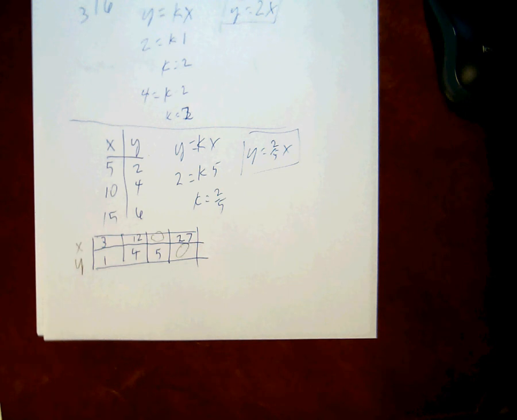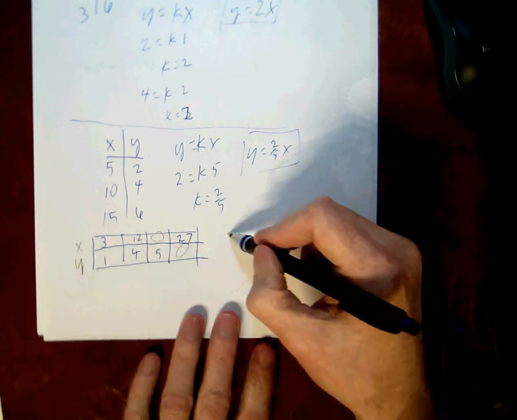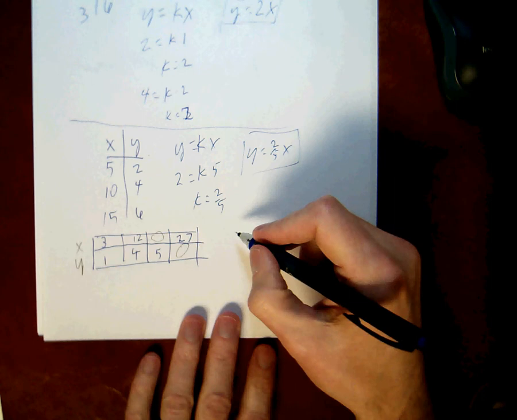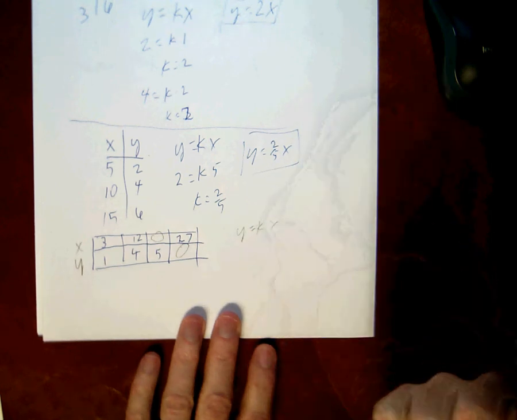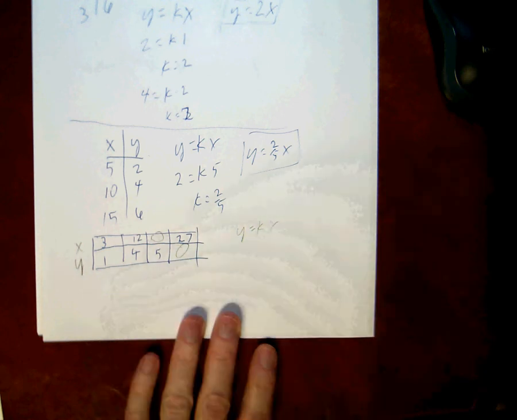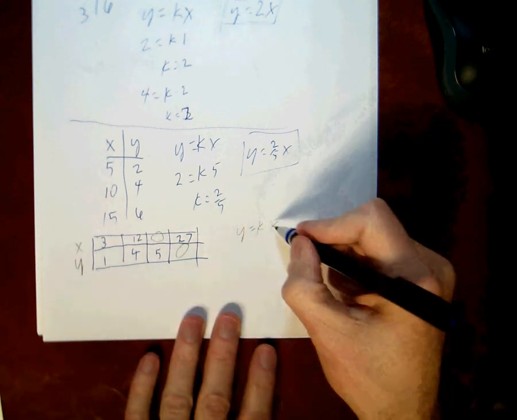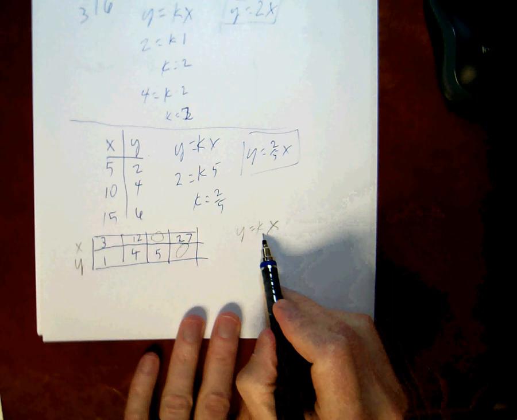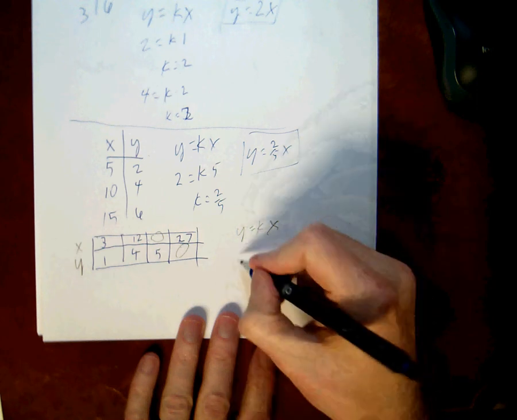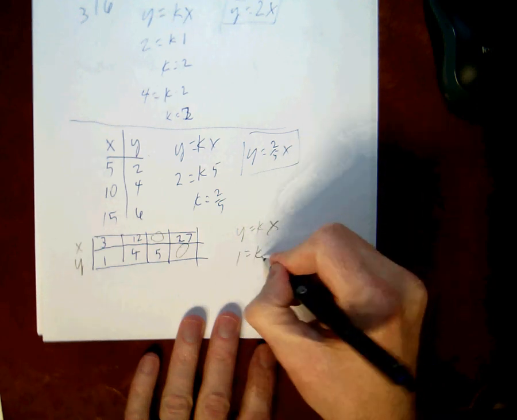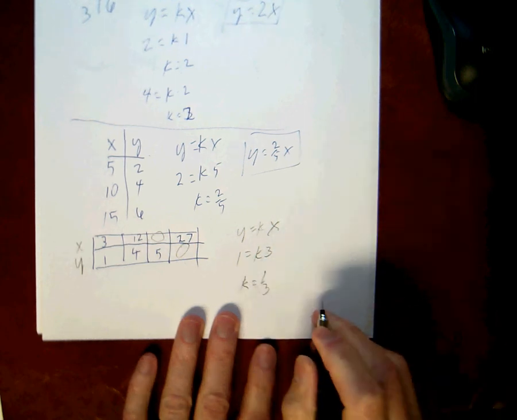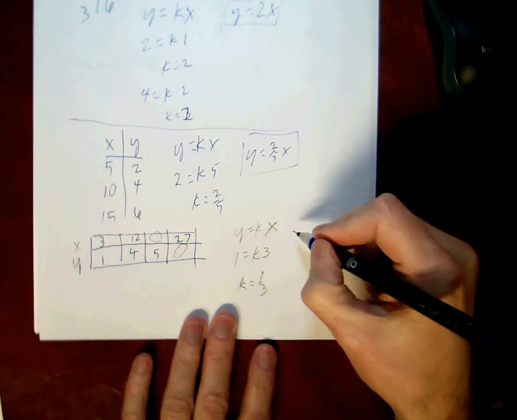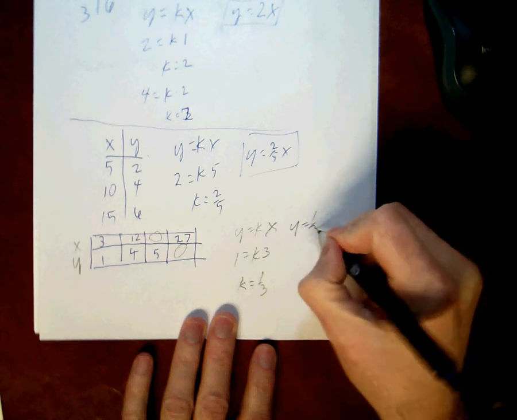I know that y is equal to some number times x. It says y is 1 when x is 3, so k is equal to 1/3. And that gives me y is equal to 1/3 x.